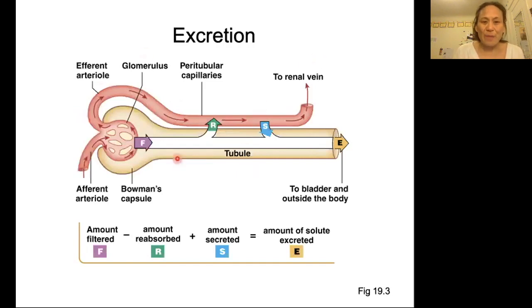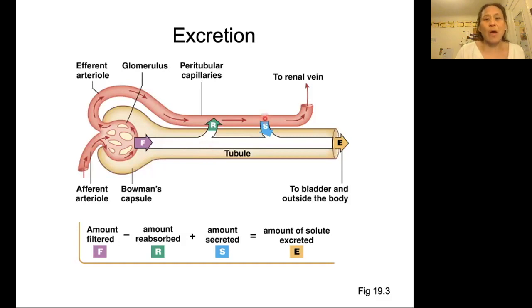Okay, so this diagram shows the process of excretion. I want to remind you of our other processes that are happening in the tubule, right? So first we have filtration of fluids from the glomerulus into Bowman's capsule, okay? Anything that we want to keep in our bodies, we are going to reabsorb from the filtrate that is in the tubule.